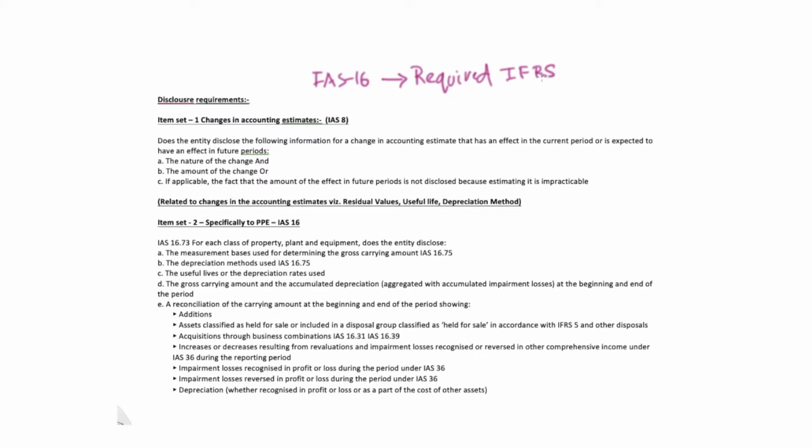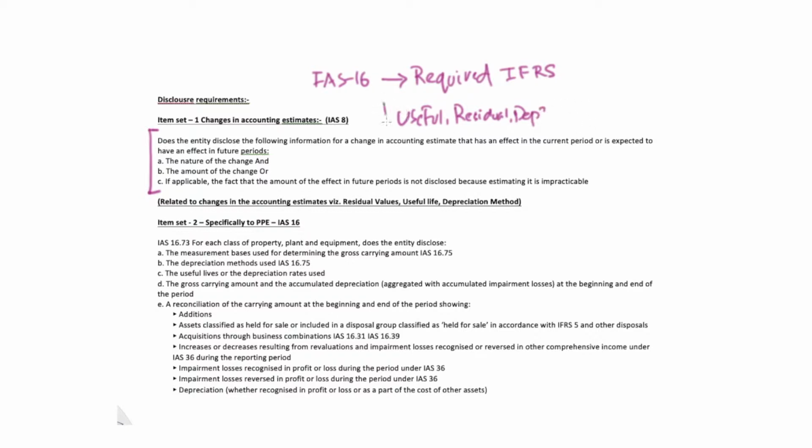Now let's move on to the different requirements under IAS 16 and IAS 8 in respect of property, plant, and equipment. We discussed two, three elements like the change in the useful life of the asset, change in the residual value of the asset, or the change in the depreciation method.